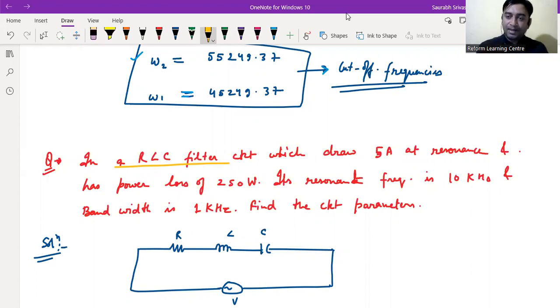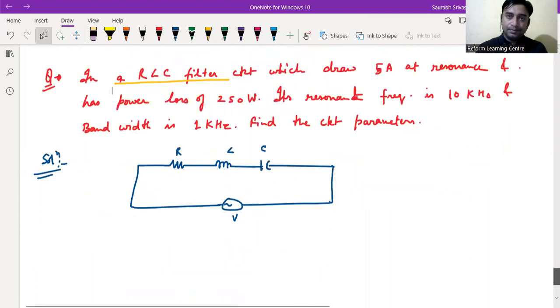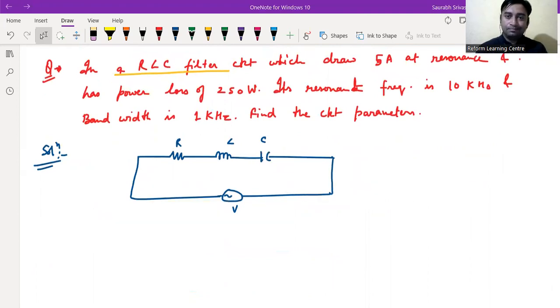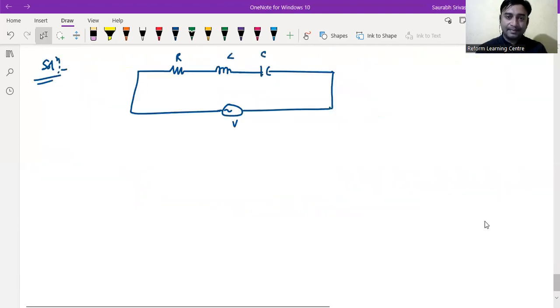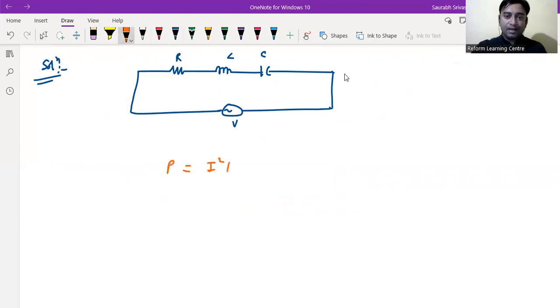एनी आंसर? Power loss occurs only in case of resistance. Power loss is what? I square R. And this is 250 watt.